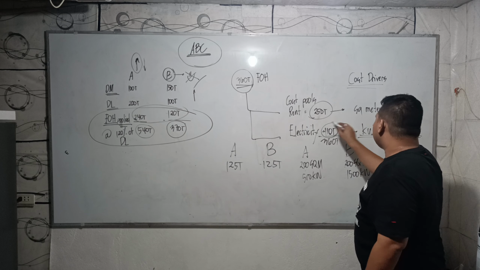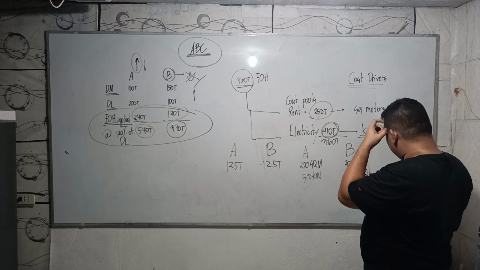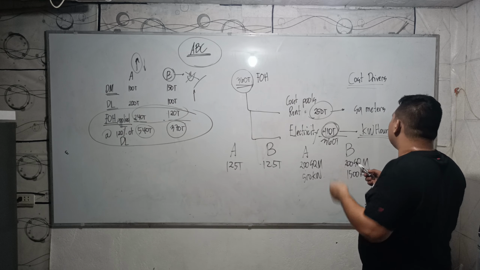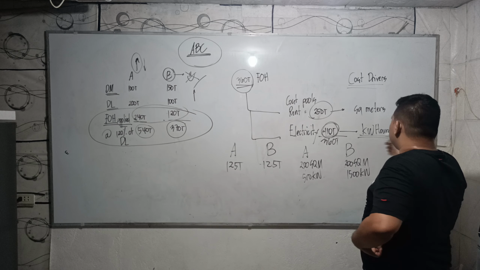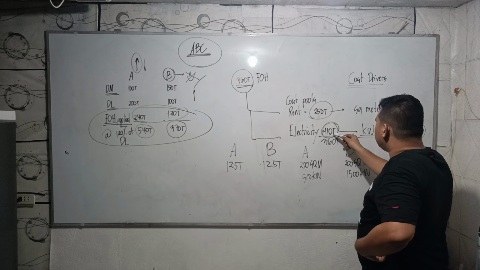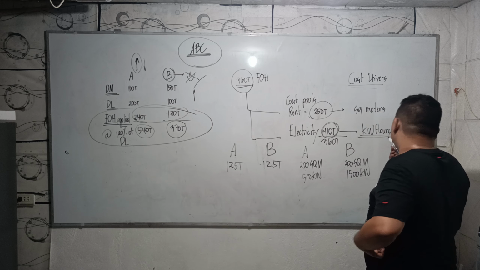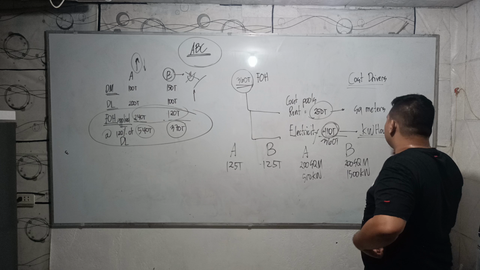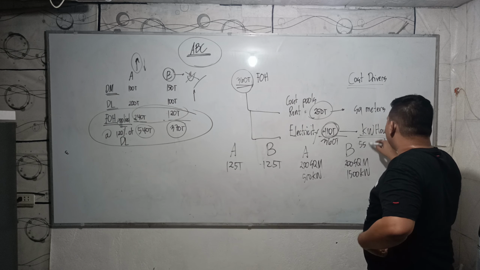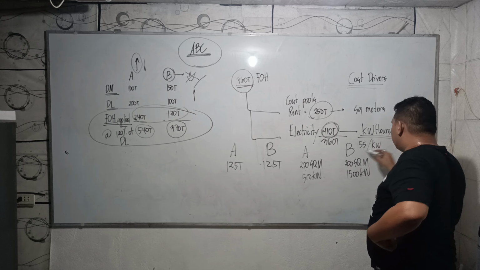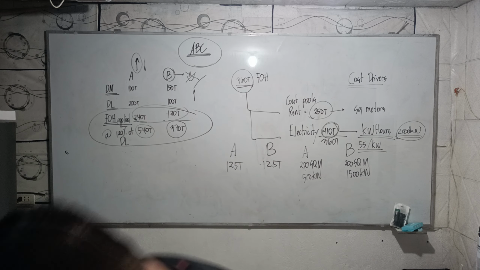So, if 110,000 is 2,000 kilowatts, so per kilowatt, 110,000 divided by 2,000, we have 55 per kilowatt.